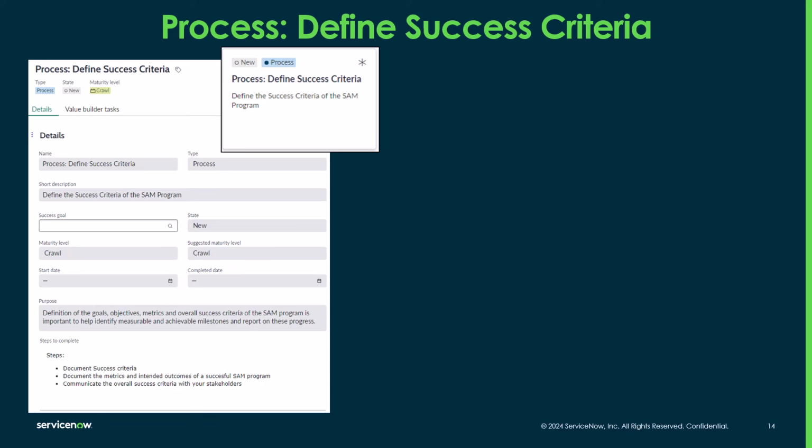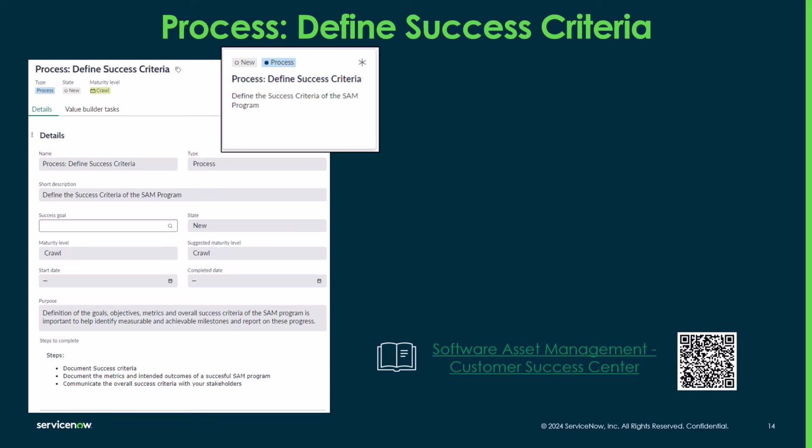So you're going to really want to document those success criteria, and you're going to want to identify some metrics which you can use to measure them. And then of course you're going to want to communicate that with those stakeholders we identified earlier to make sure that the objectives and success criteria that you're setting meet with the expectations of the stakeholders as well.